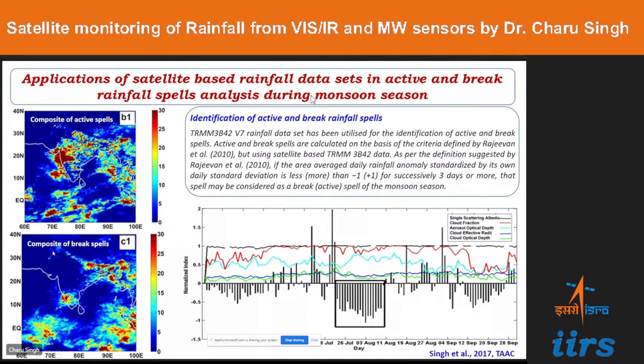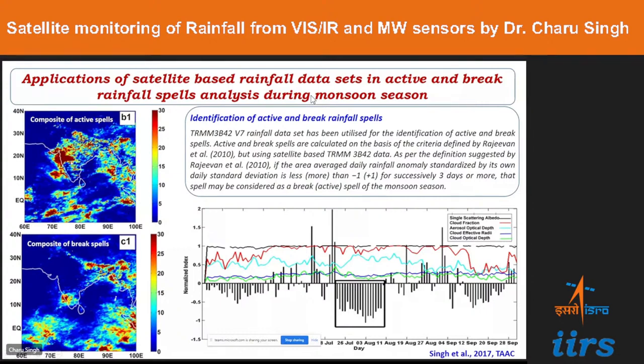In this case, there is a larger region over the Indian subcontinent having lower rainfall, within the range of 0 to 5 millimeters per day. But in the case of the active rainfall spell, the high rainfall ranges from 15 millimeters per day to 30 millimeters per day.